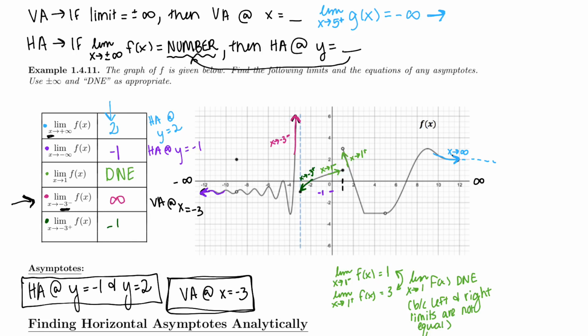It doesn't matter. Put a positive side in there. That would mean, and it equals negative infinity, that would mean there's a vertical asymptote at, let me rewrite the at sign, at x equals 5.